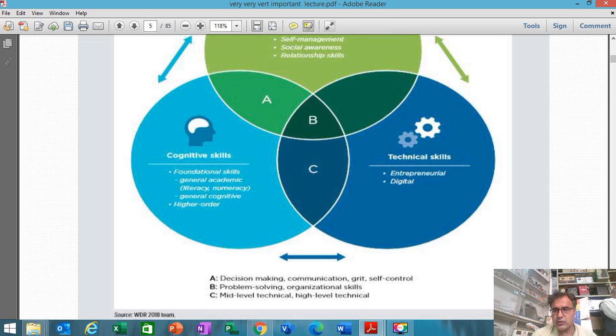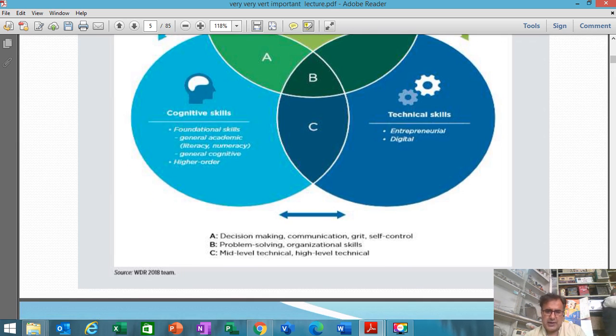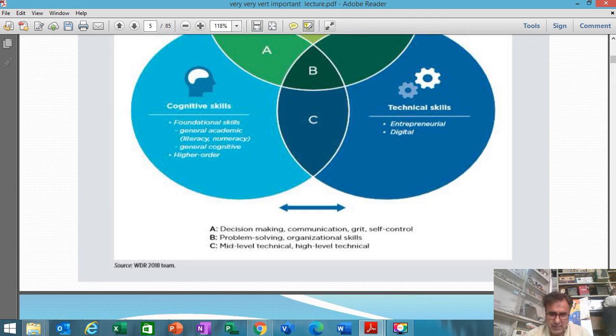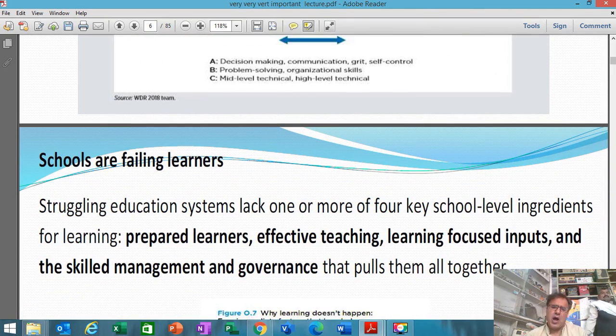Then we talk about technical skills, entrepreneurial and diligent. These are the skills which enable you to become effective in society. After this come decision making, communication, self control, problem solving, organization skills, and mid level and high level technical skills.